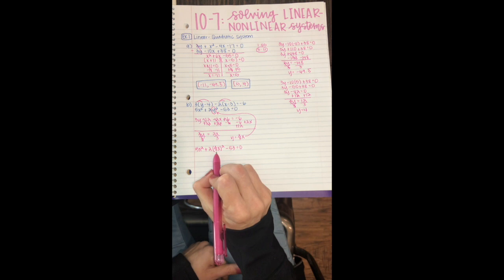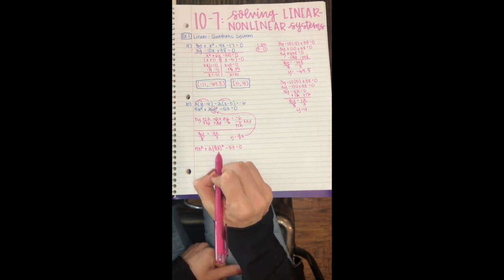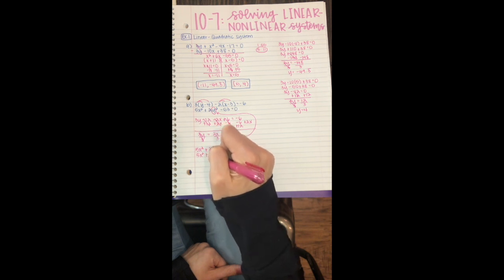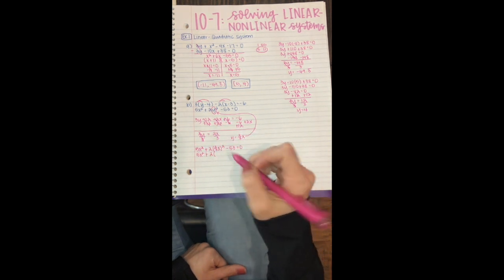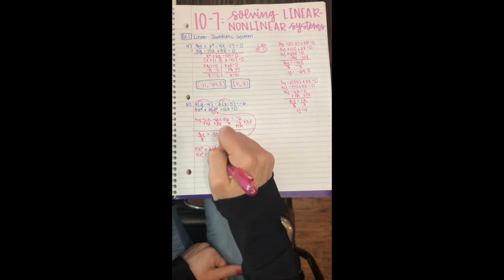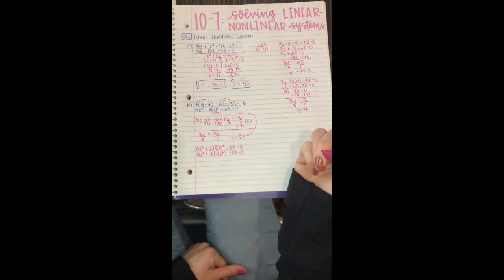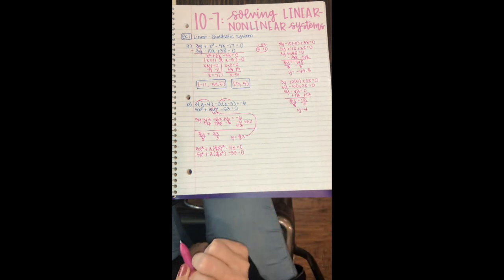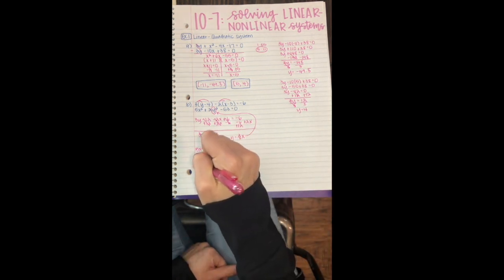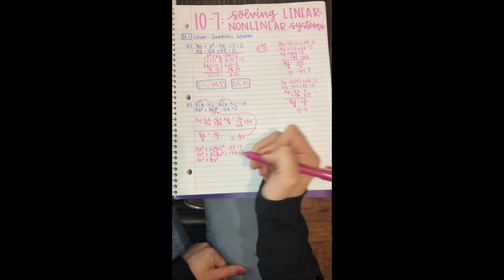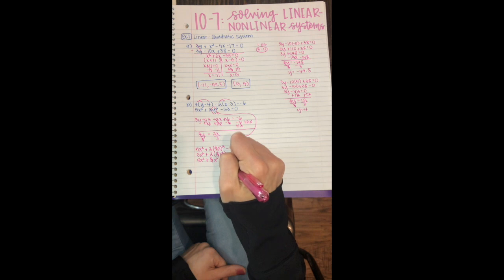I'm going to square it first because I need to square this whole thing. So 5x² + 2 times, 2 squared is 4, 3 squared is 9. So that'll be 4/9 x² - 53 = 0. Now I'll multiply. 2 times 4 is 8. So 5x² + 8/9 x² - 53 = 0.